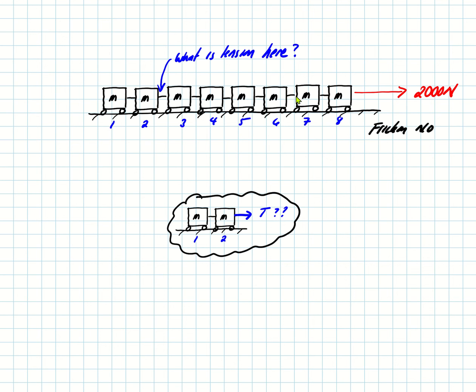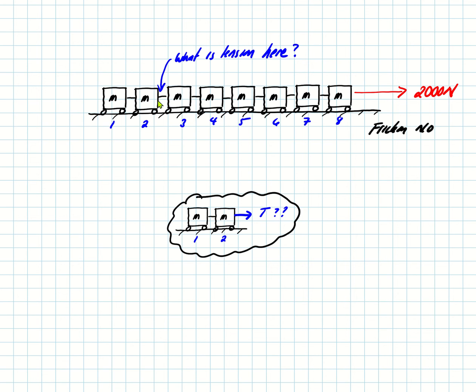Now, there's no such thing as a truly massless string, right? But what we're saying is that the mass of these carts is so big compared to the mass of the strings that they don't matter much. We've done that many times in physics: we only consider those things that have a meaningful effect.